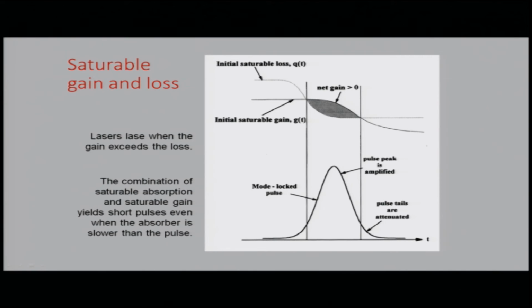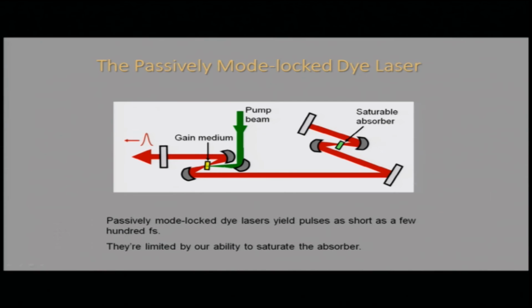So, the combination of saturable absorption and saturable gain yields short pulses even when the absorption is slower than the pulse. This was first applied to dye lasers, and the advantage of using a dye laser was that it had the capability of a very broad spectral bandwidth. As we mentioned about dye lasers, they had a very wide absorption, and that is the advantage of using this.